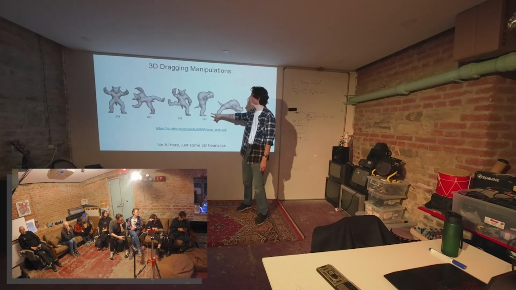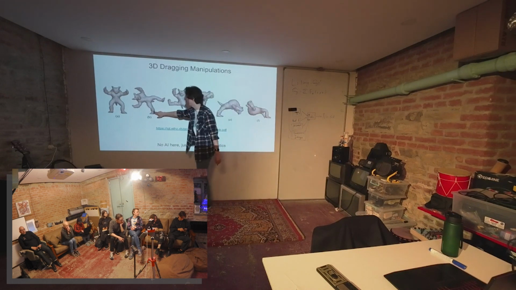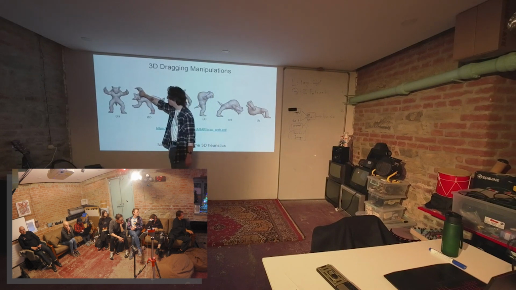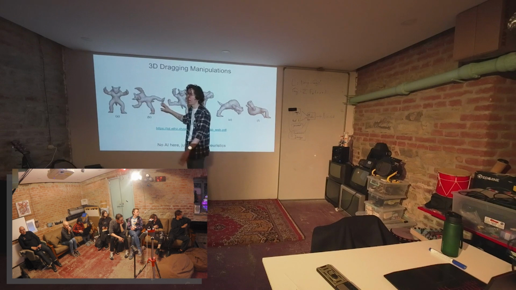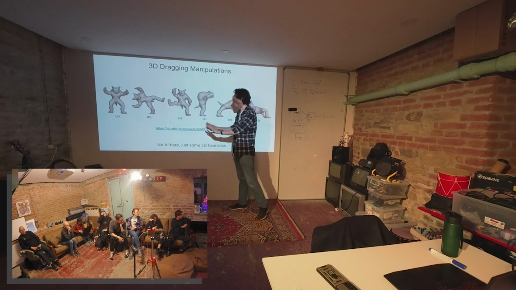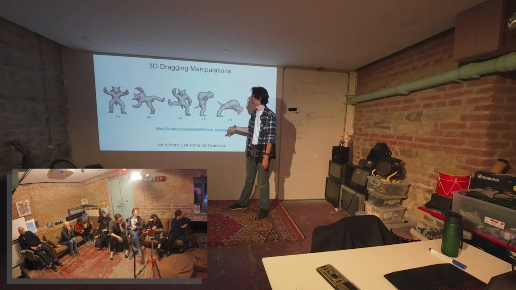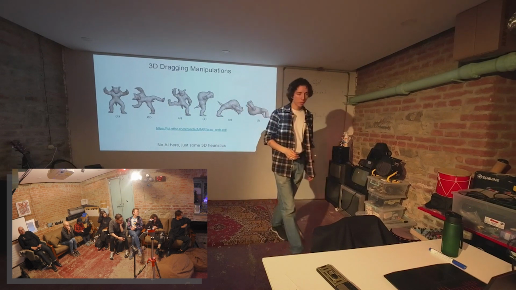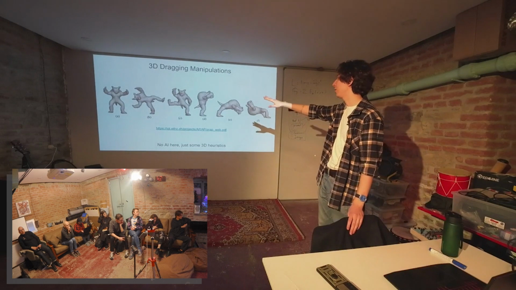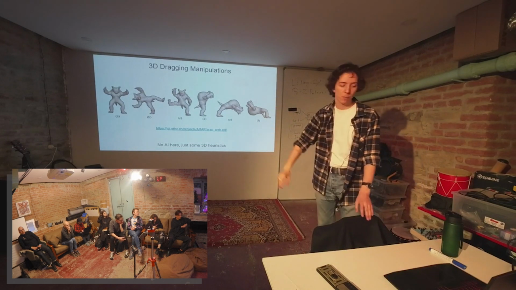We have these points that we want to stay fixed. We have this yellow point and this yellow point here, and we move it like this. We want this movement to look natural. There's no AI here. These are simply algorithms that make deformations look natural on top of a mesh.